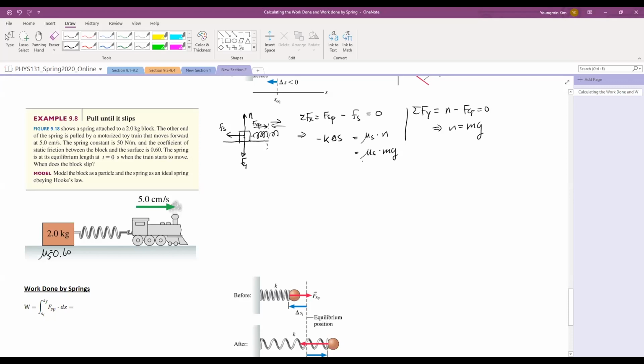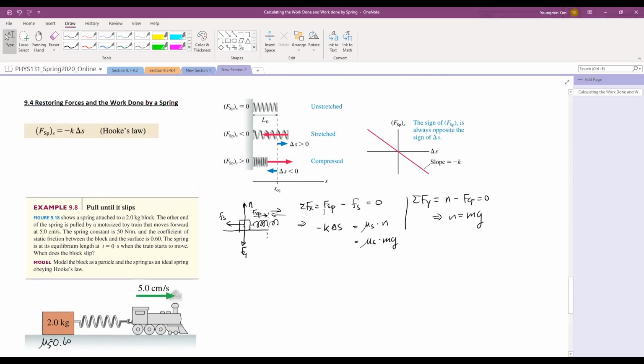So this becomes mu mg. Okay. Now let's take a look at the displacement here. It's being pulled out this way, stretched out that way. When the spring is stretched that way, we consider that to be a positive displacement.